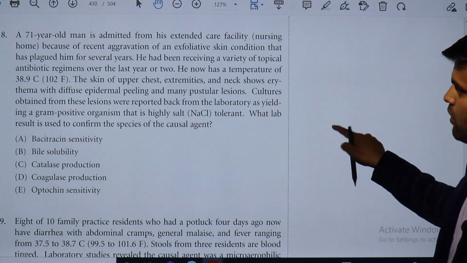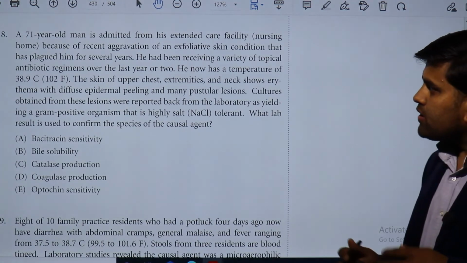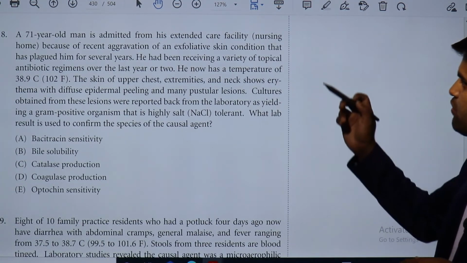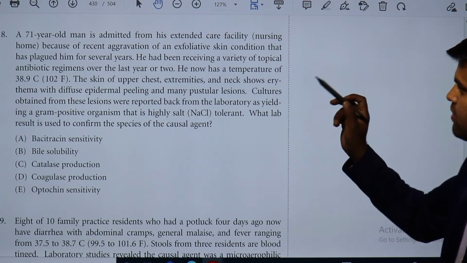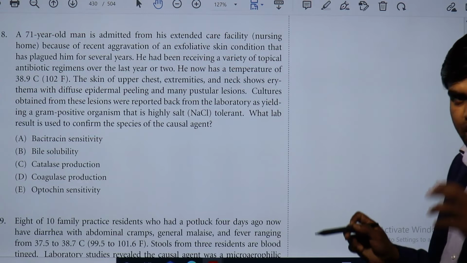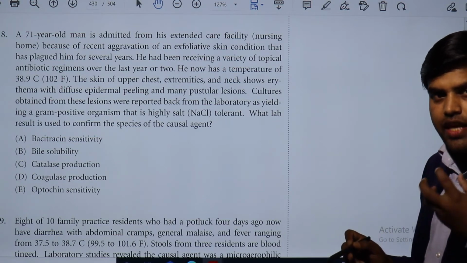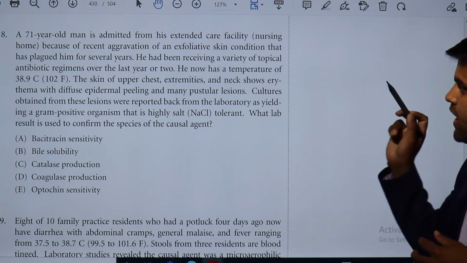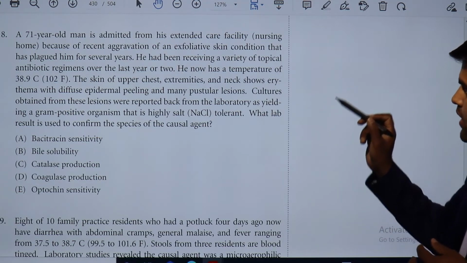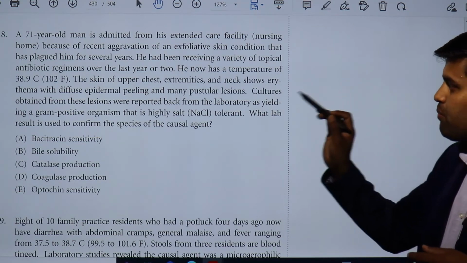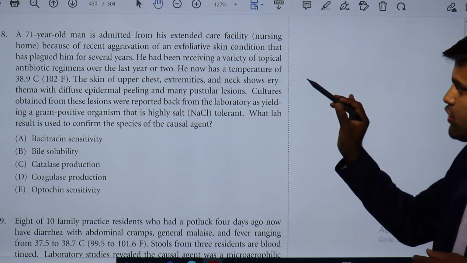Let me move one more further, and that is: a 71-year-old man is admitted to an extended care facility nursing home because of recent aggravation of an exfoliative skin condition. So there is an infection, an exfoliative skin condition that has plagued him for several years. He has been receiving a variety of topical antibiotic regimens over the last 2 years.